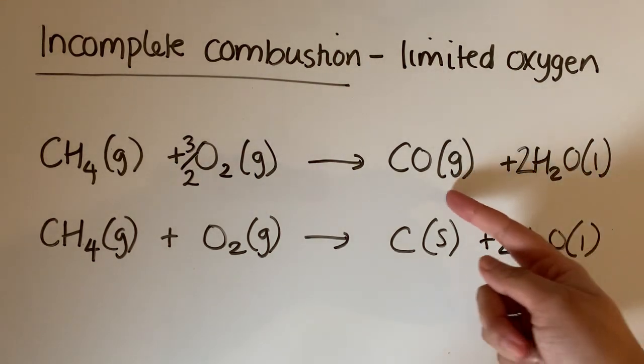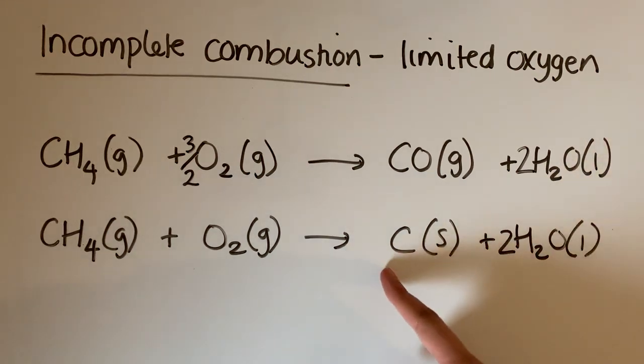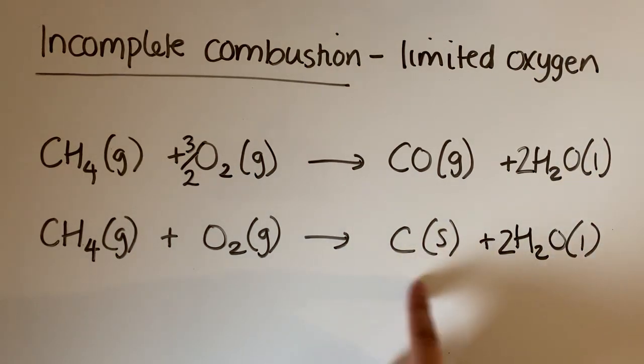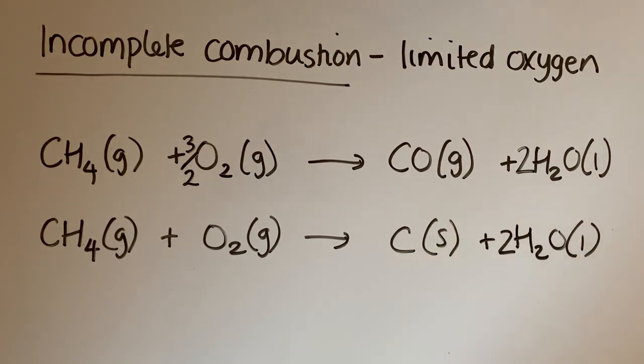One is where you form carbon monoxide and water. The other one is where you form carbon and water. Carbon is unfavourable because, as I said, it's soot. It blackens buildings, it doesn't make it look very nice, and also the little soot particles aren't good for people with respiratory issues.